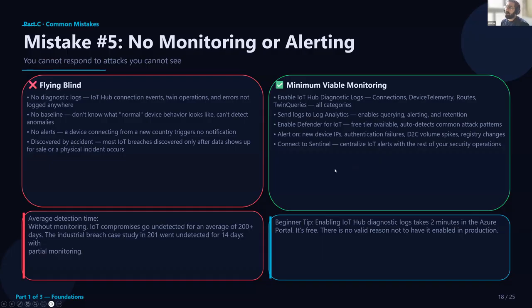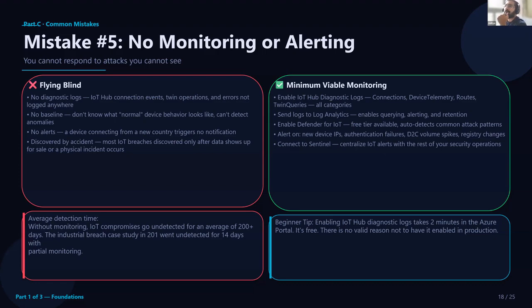And then everything should be connected to Sentinel. It centralizes your IoT alerts. So you can write your own playbooks. You can edit those playbooks based on whatever attacks are happening, whatever errors you're getting. All the alerts will be shared with you.